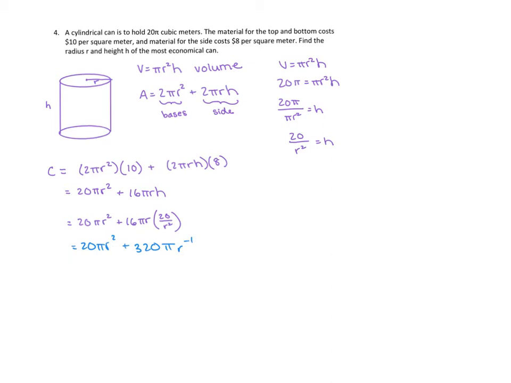So now we're ready to take the derivative. I would say that c prime is 40 pi r minus 320 pi r to the negative 2. We have a few ways of solving this. We know we're going to set it equal to 0.